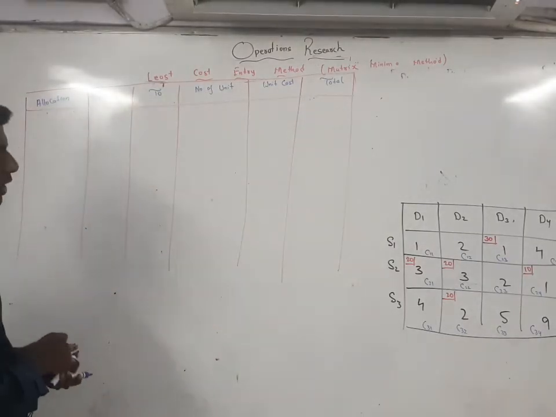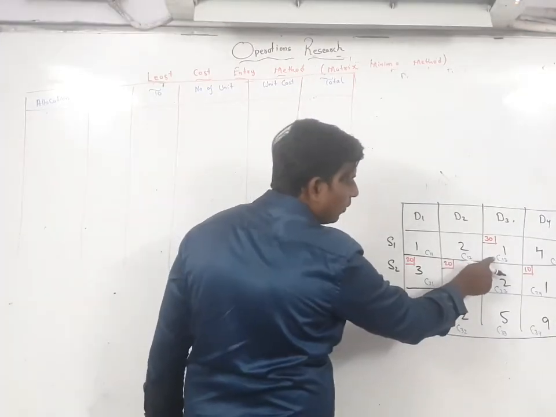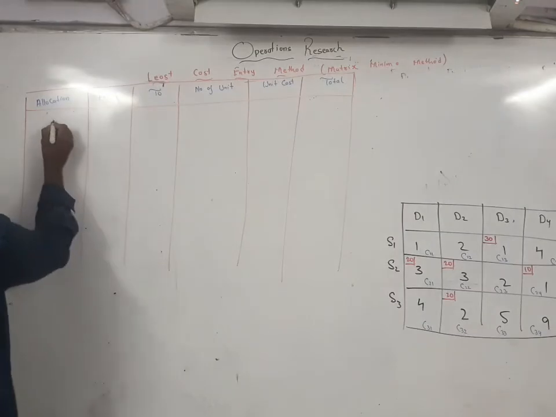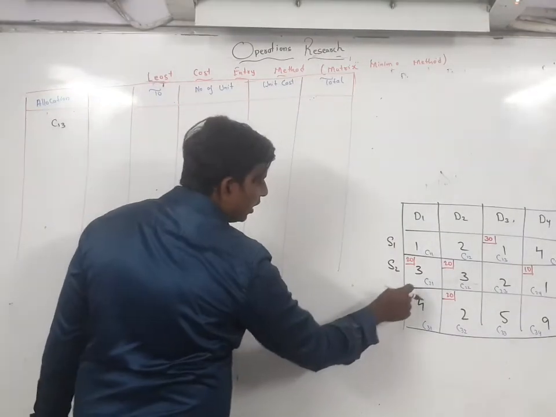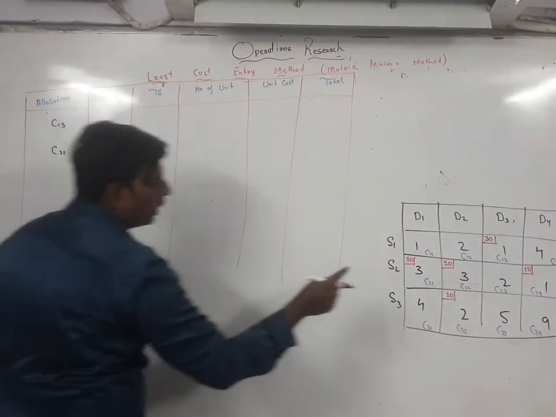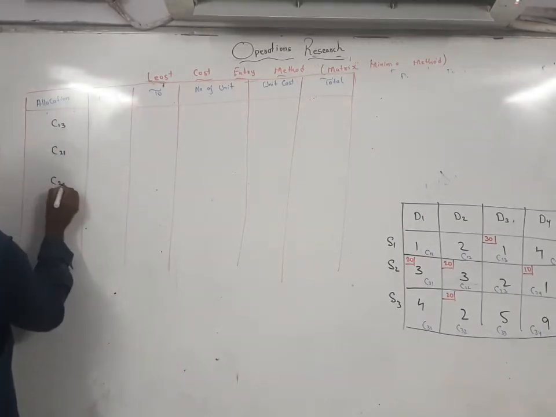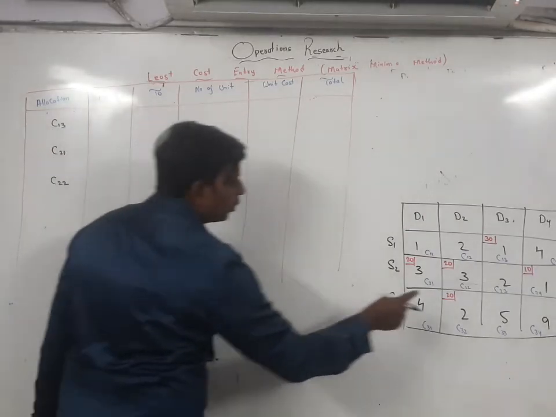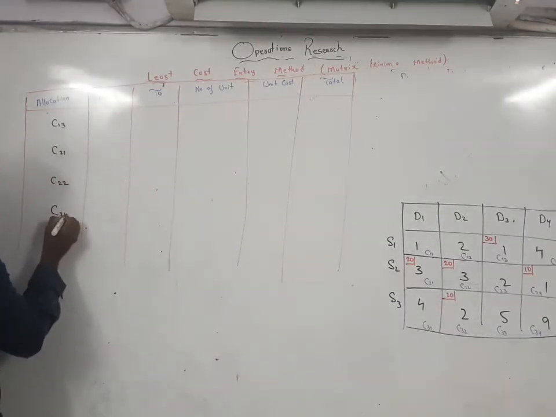So wherever the allocations are, first you have to write them. Where is the allocation? C13. So here you have to write C13. Next allocation is C21. Next allocation is C22. Next allocation is C24.